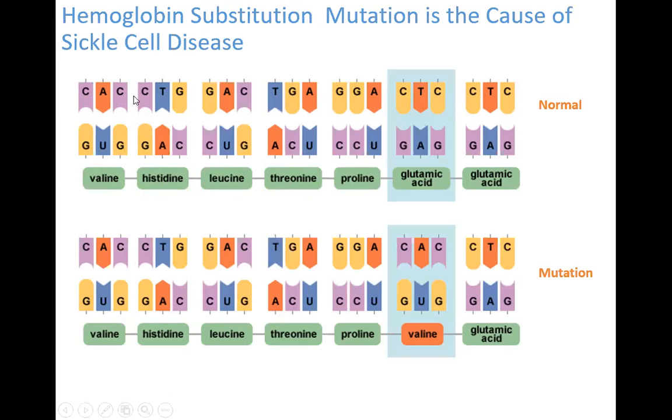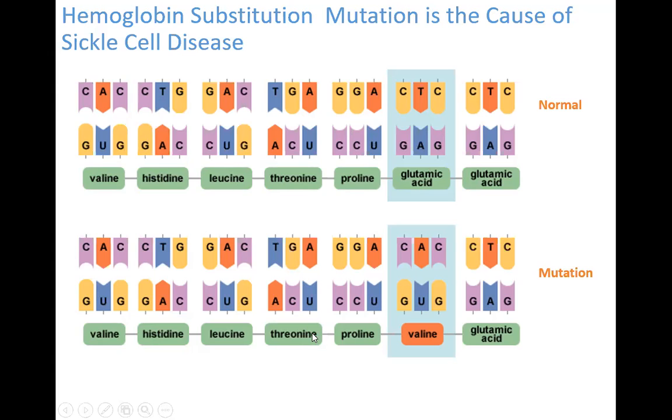We have CAC, CTG, GAC, TGA, and so on, until we get down here to CTC, glutamic acid. The messenger RNA complement of that is GAG. Makes perfect sense. C to G, T to A, C to G, glutamic acid.